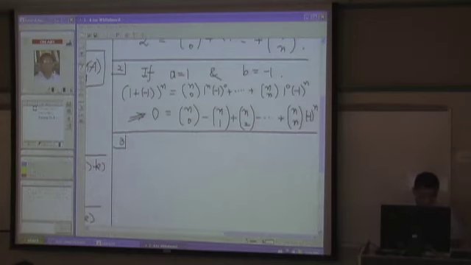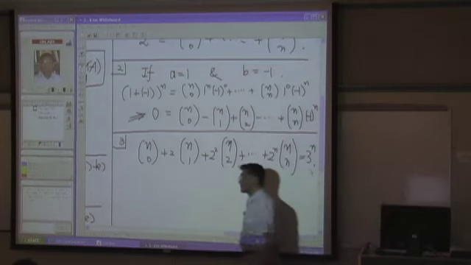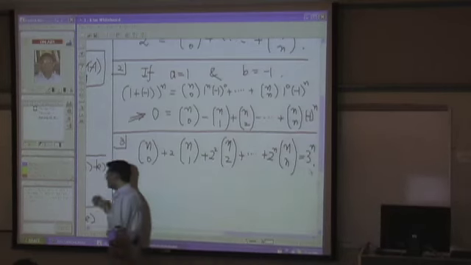Prove that n choose 0 plus 2 times n choose 1 plus 2 squared times n choose 2 plus all the way up to 2 to the n times n choose n equals 3 to the power of n. Prove this. I will give you 2 minutes.